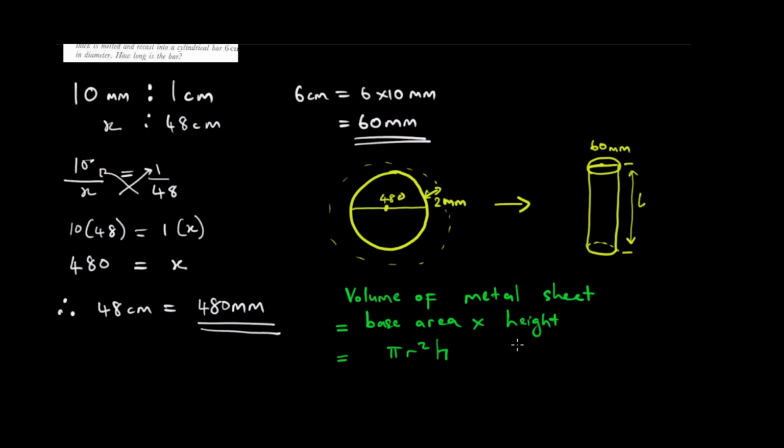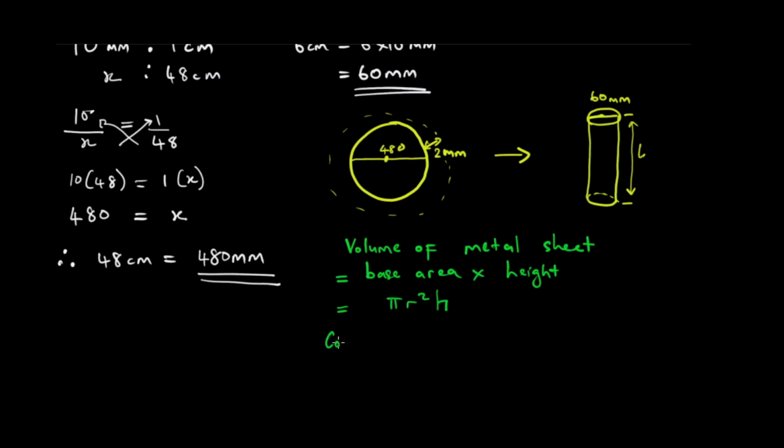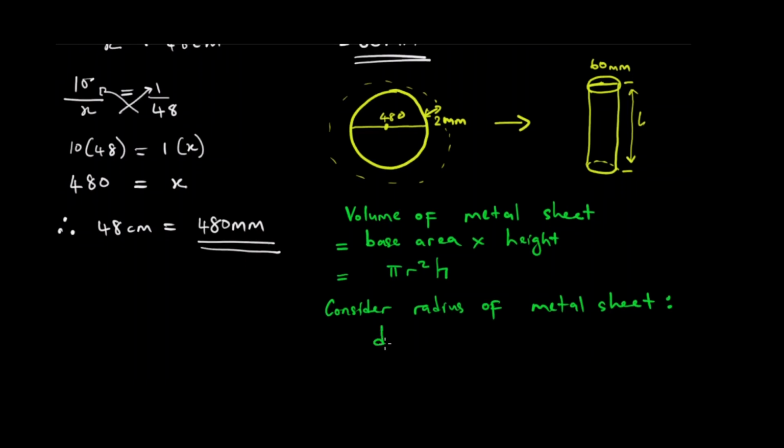But now, we were not given the radius, we were given the diameter. So let us consider the radius of the metal sheet. How do we get the radius? We know that the diameter is equal to 2 times the radius.